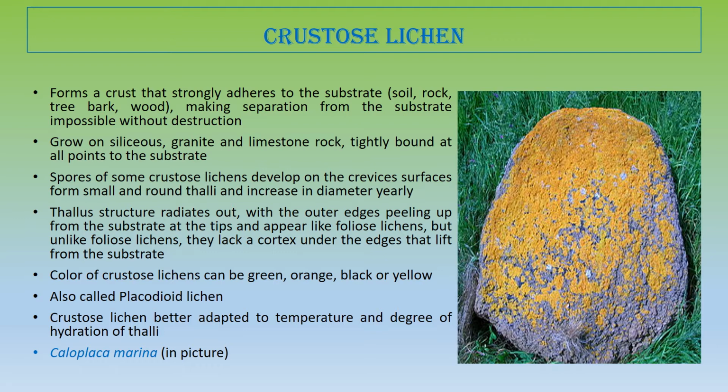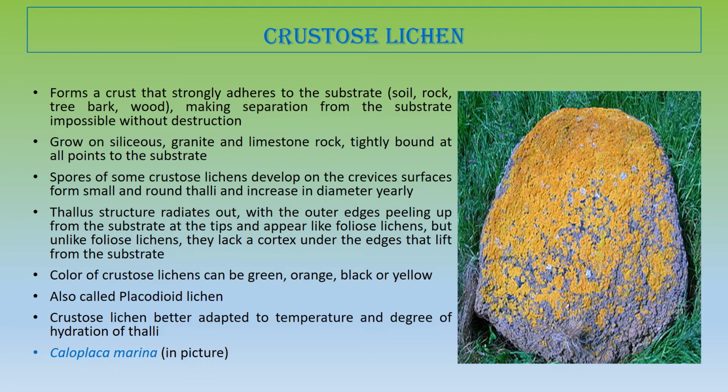It is closely adherent to the substrate, which means that we cannot separate the crustose lichen in intact form. During the separation, it will get fragmented and we cannot take it in intact form. This lichen can tolerate high temperature and a high degree of desiccation.